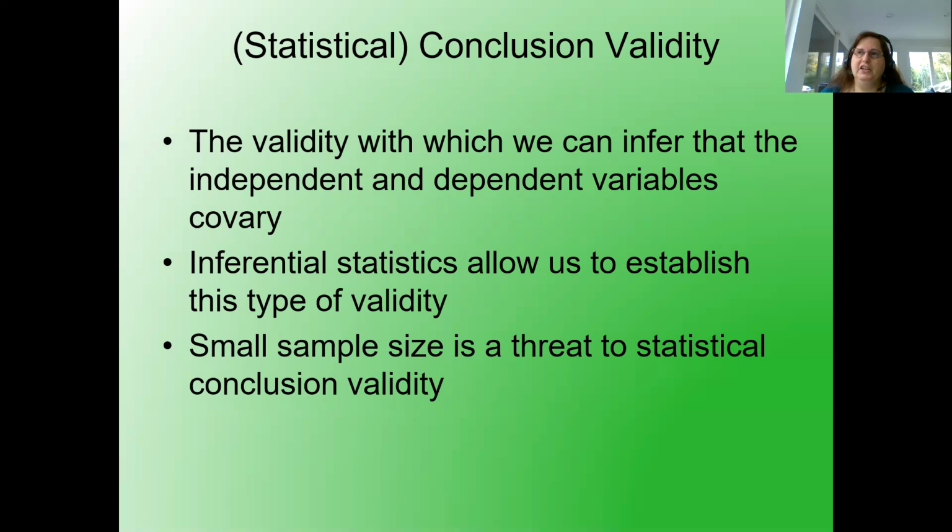You're less likely to be able to find an effect, even if one is there. So we want to make sure we have strong statistical conclusion validity by making sure our sample size is large enough for the study. Okay, and we'll come back around to what is large enough a little bit later.